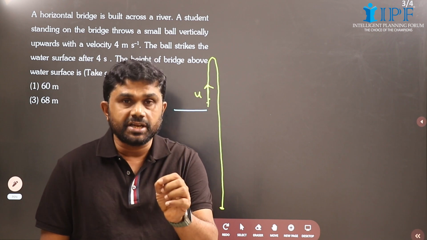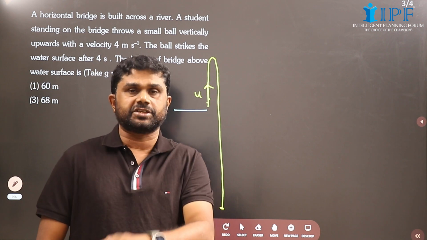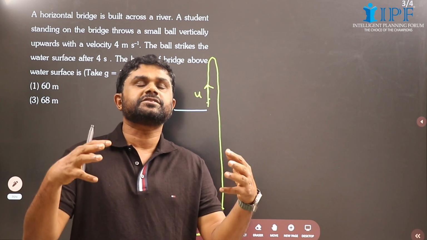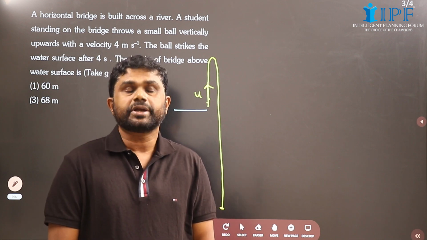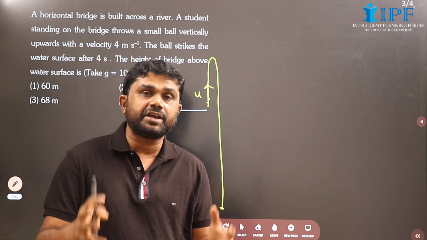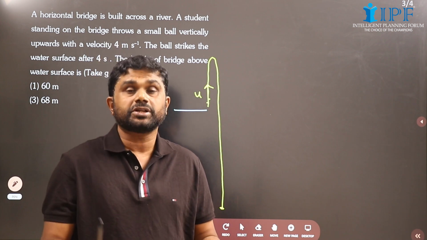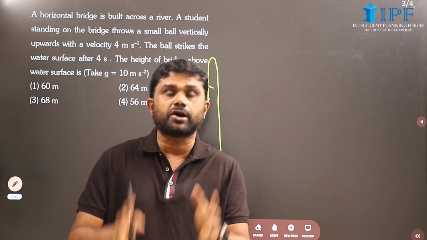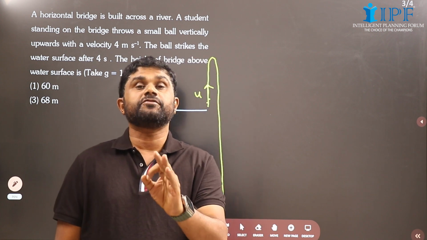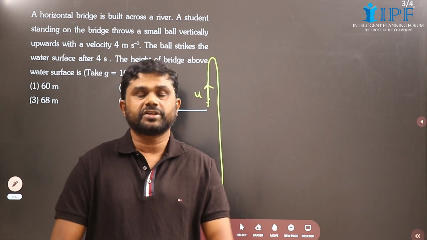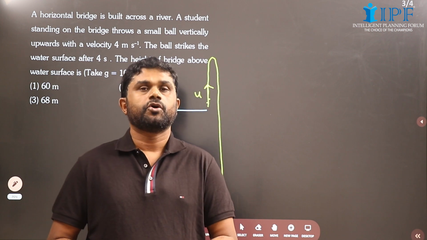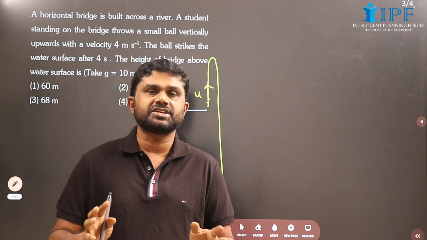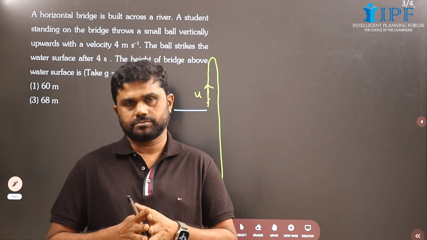It is the acceleration due to gravity. Gravity means attraction of the earth. Earth attracts every body towards its center, so the attraction of earth is always vertically downwards, irrespective of the direction of motion. Whether the body is moving upwards or downwards, acceleration due to gravity will be downwards.